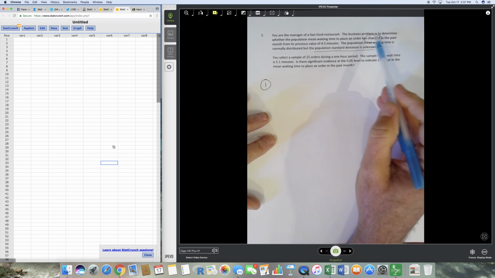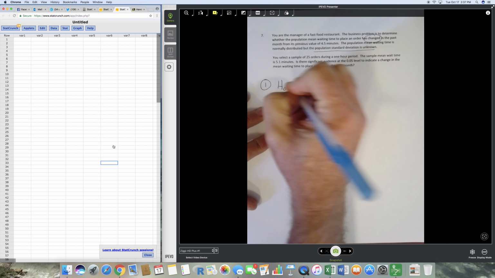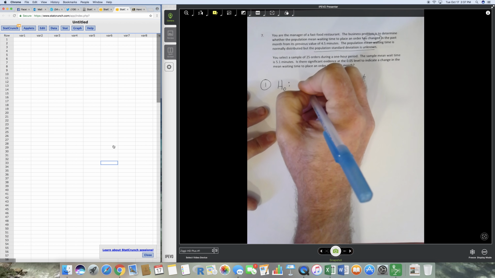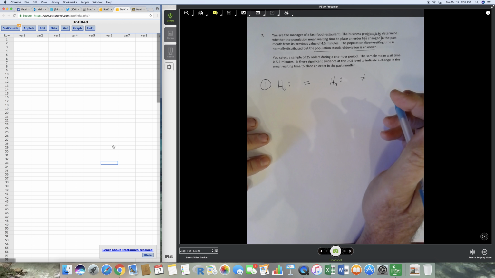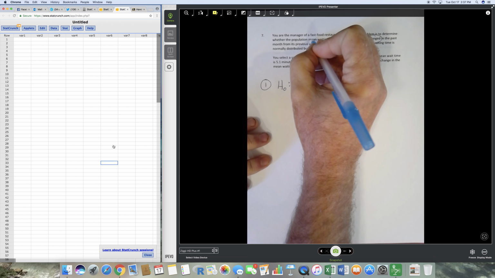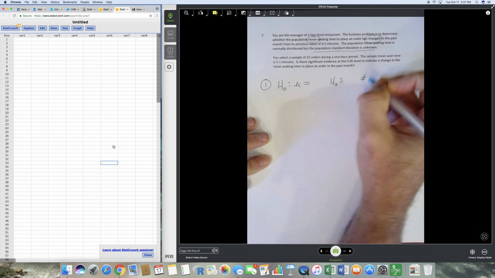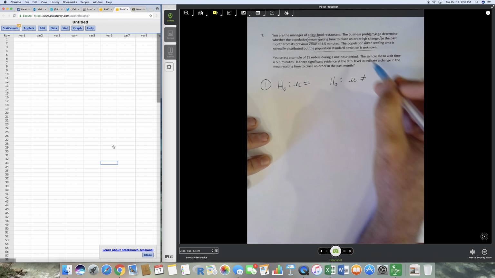So, has changed tells me that I have a two-tailed test. Mean tells me mu and mu.